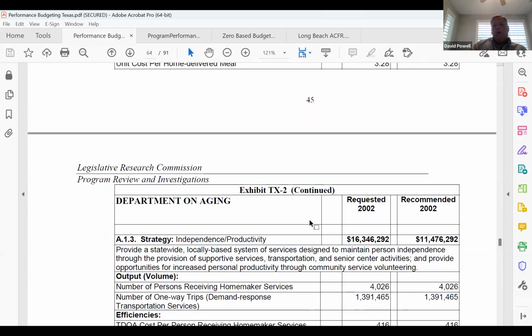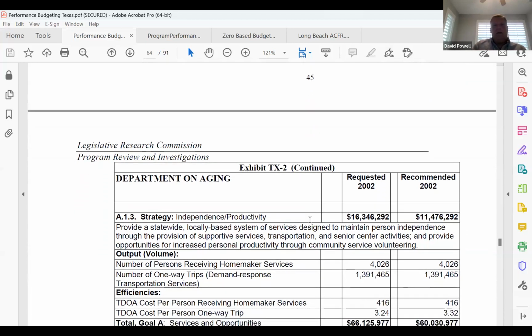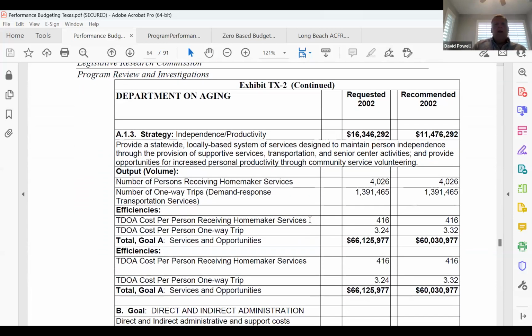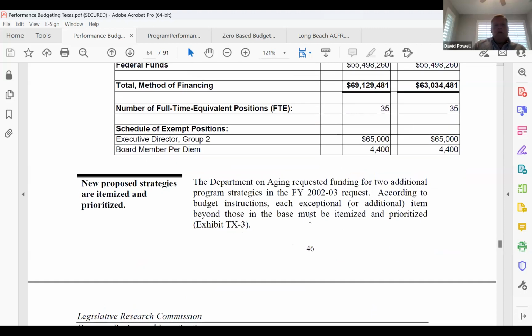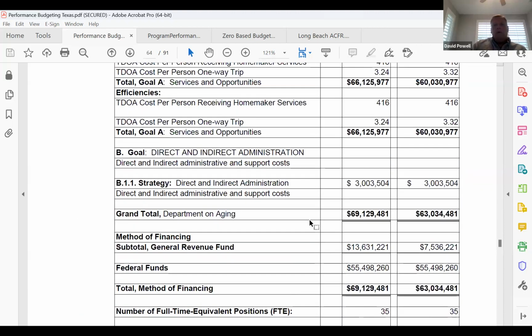So the outputs are the things that we are doing, then the outcomes will be the long-term consequences of those outputs. Again, I don't want to spend a whole lot of time on this because we don't have a lot of time to do it, but then you'll see there's another strategy, independence, productivity, and so on and so on. So it really gives you a lot of the information that you need in order to better manage the operations of your organization efficiently as well as effectively.